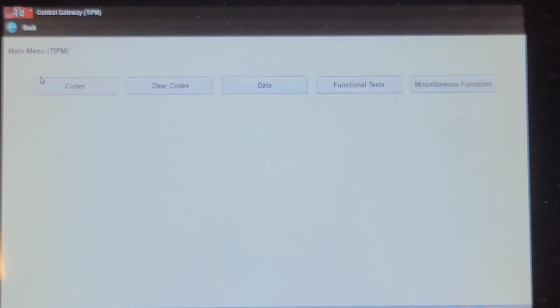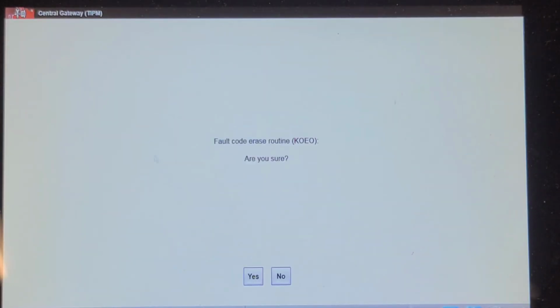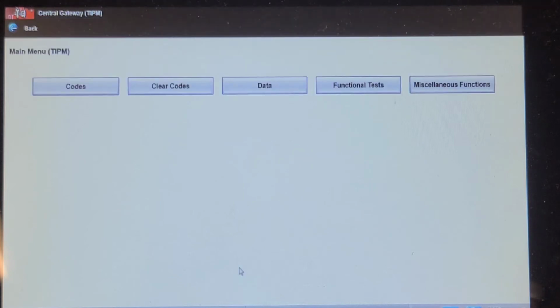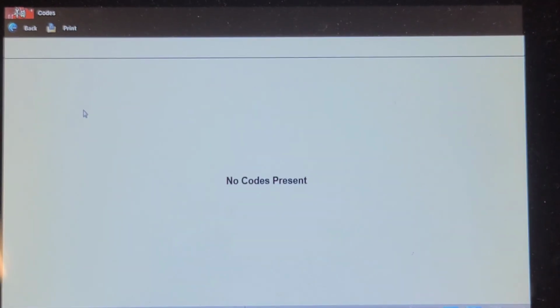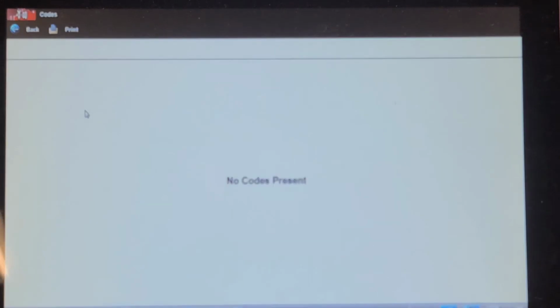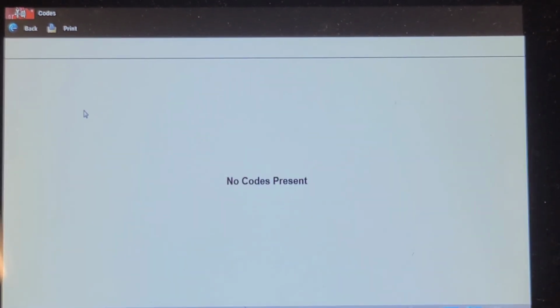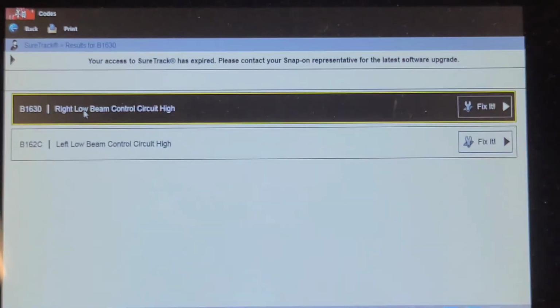But that's probably the LED lights that he put in, the aftermarket ones, because when I put a conventional bulb in there, it doesn't do that until I switch it to high beam. There's high beam.